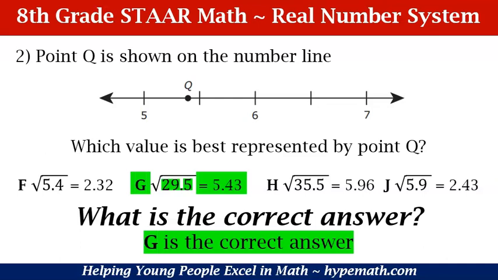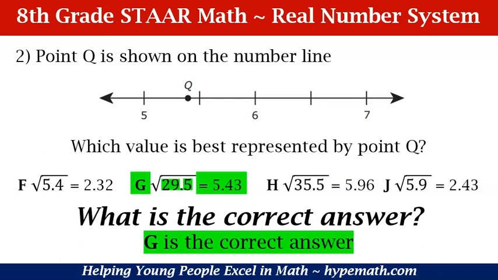For answer choice G, 5.43, in looking at point Q on the number line, we see that it is close to 5.5, but it's right before it, okay? Because that middle line in between 5 and 6 is the halfway mark, and that represents 5.5.